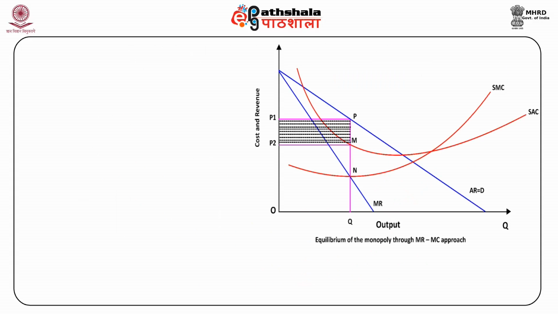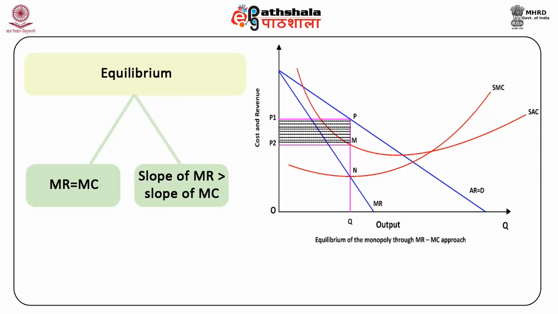Now, in order to be in equilibrium, a firm has to fulfill two conditions: first, MR is equal to MC; second, the slope of MR is greater than the slope of MC, that is, MR should cut MC from below. Consider the figure.